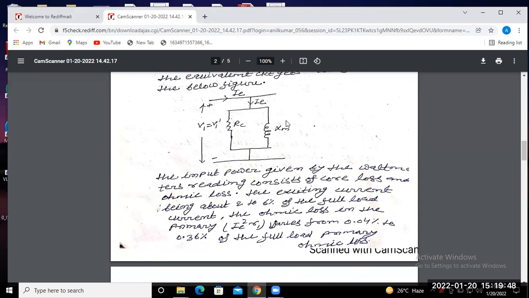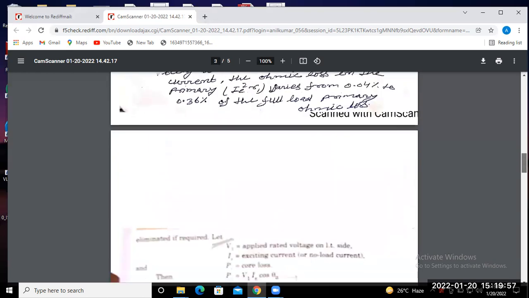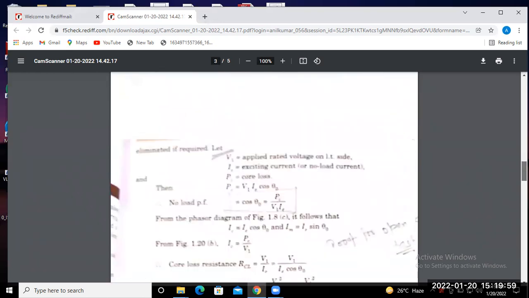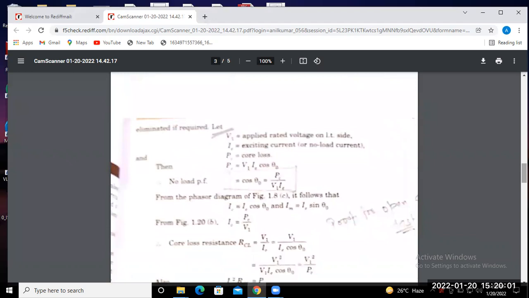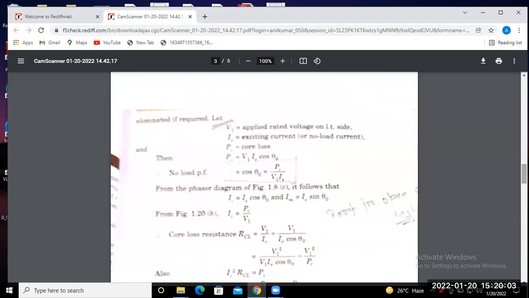V1 by IM. Okay. So you already found the values of IM and IC, so just put them in these equations and calculate the core loss resistance, that means RC, and the magnetizing reactance XM.